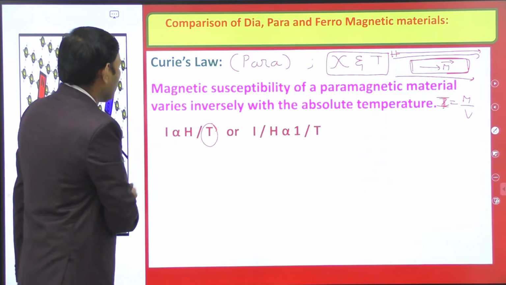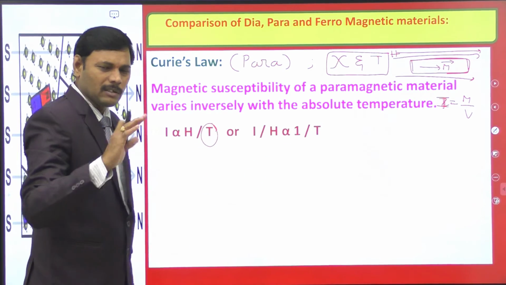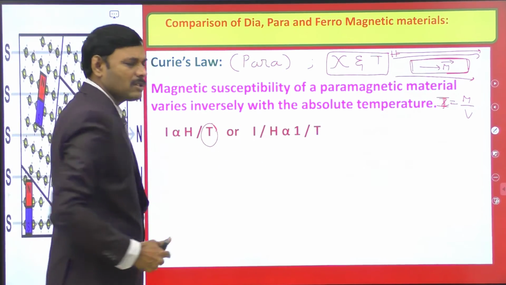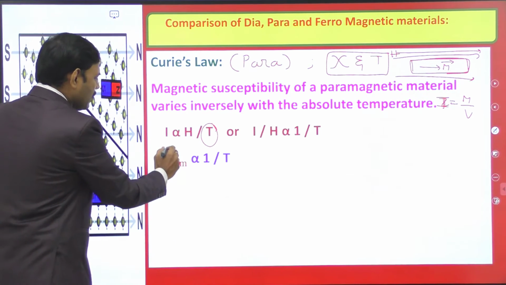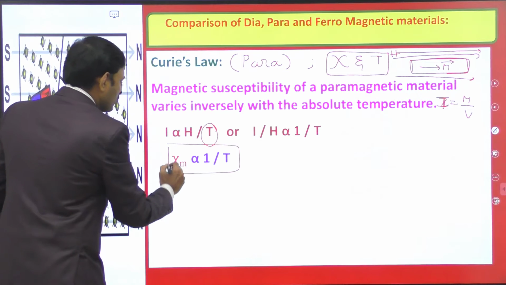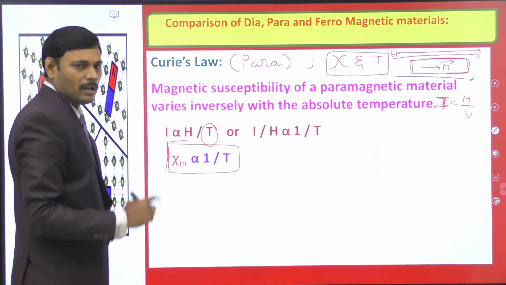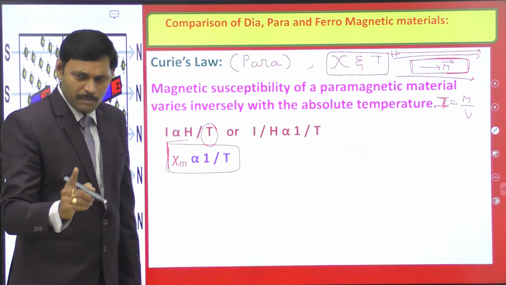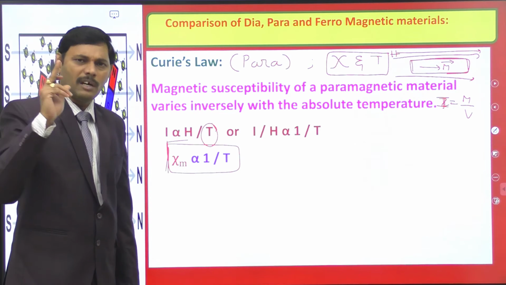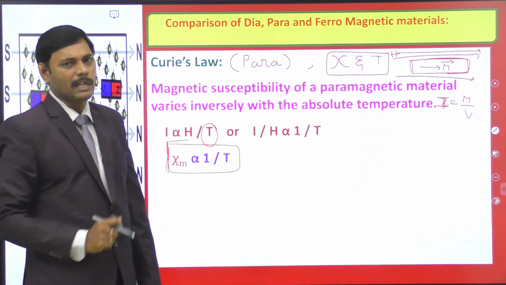Then on cross multiplying, I by H is proportional to 1 by T. We know that the ratio of intensity of magnetization to the magnetizing field is susceptibility. So the susceptibility of a magnetic material is inversely proportional to absolute temperature. This is the basic relation of Curie's law. For a paramagnetic substance, the susceptibility is inversely proportional to the absolute temperature of the material.